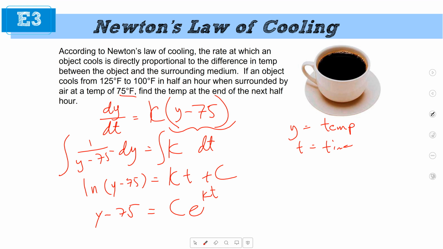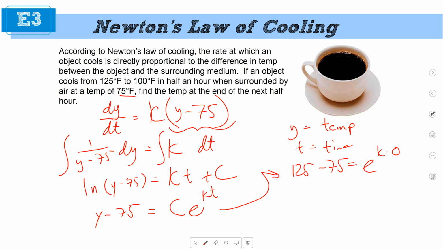So I know I'm starting with 125 degrees. 125 minus 75 is equal to e to the k times 0. And this is a little bit different than the Pert equation because this technically isn't Pert because we got that minus 75 in there. But what I did is I used my initial conditions. I'm bringing that cup of coffee into the room at 125 degrees, and that happens at t equals 0. What's e to the k times 0? 1.